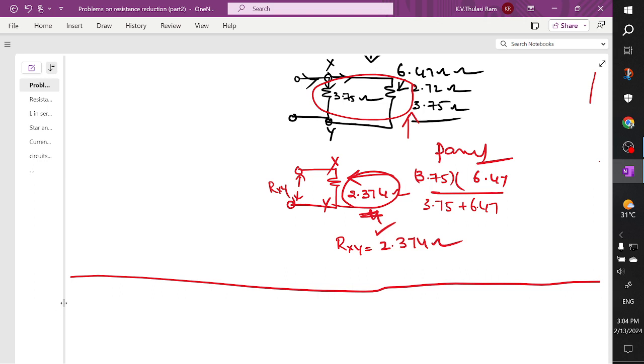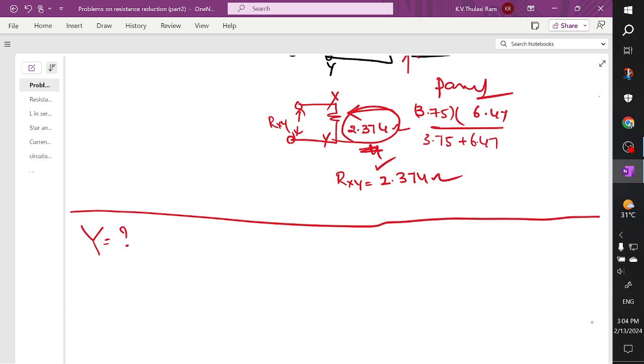The question given is: find the equivalent star for the network shown below. The network given to us is like this.